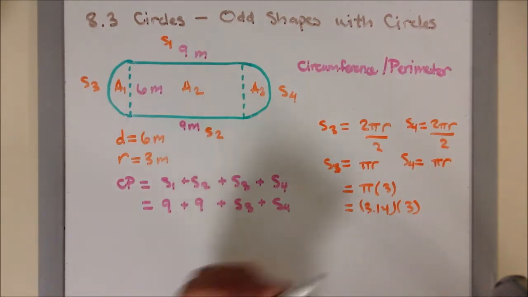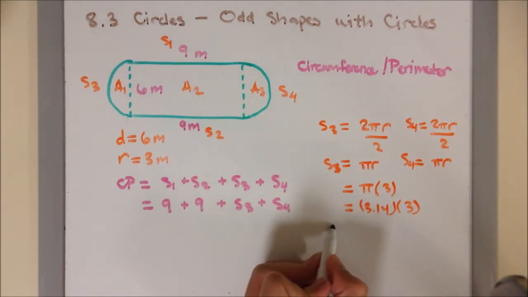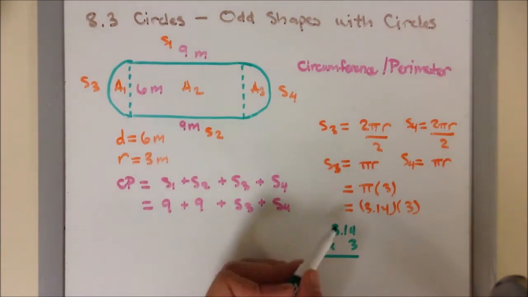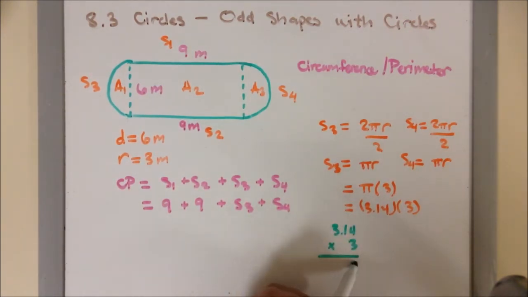So I'm going to work it out here. 3.14 times 3. So 4 times 3, 2, carry the 1. 3 times 1, 3 plus 1, that's 4. 3 times 3 is 9. 2 decimal places, so 1, 2.